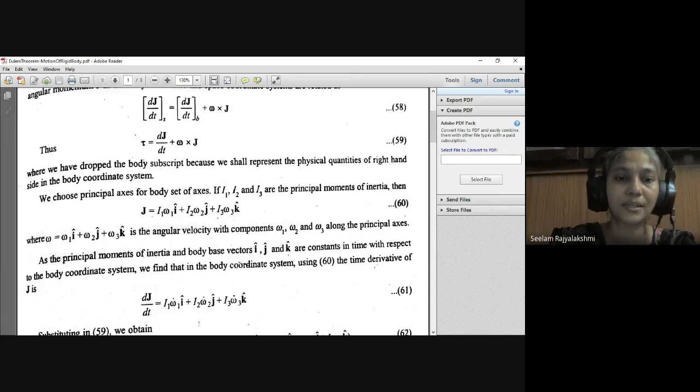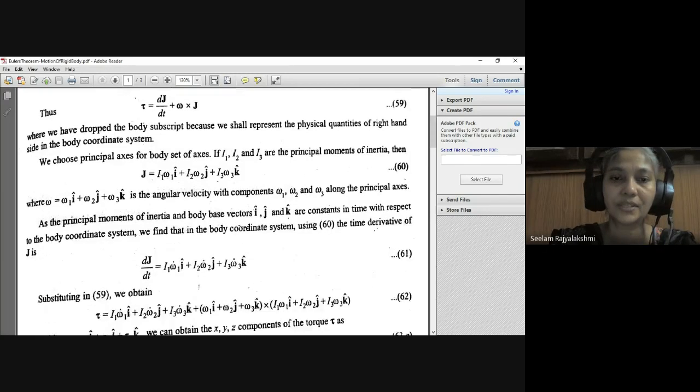We know J equals I1 omega 1, I2 omega 2, I3 omega 3 along the i, j, k vectors. Differentiating with respect to t, we place omega dot. So dJ/dt equals I1 omega 1 dot plus I2 omega 2 dot plus I3 omega 3 dot, which is equation number 61.